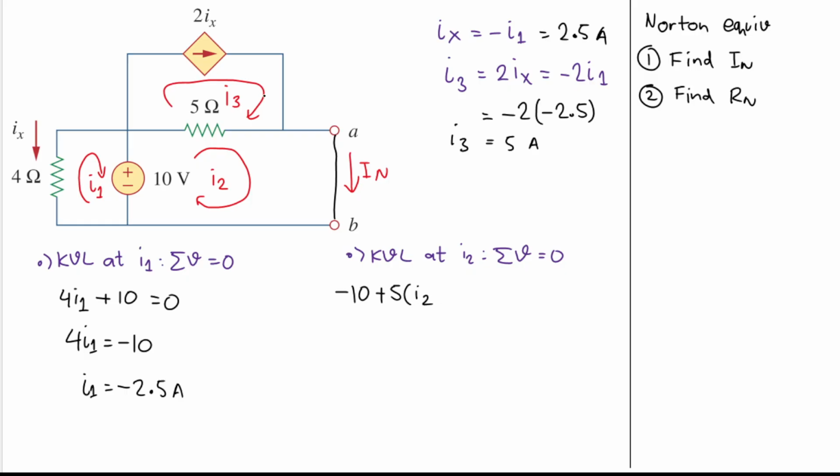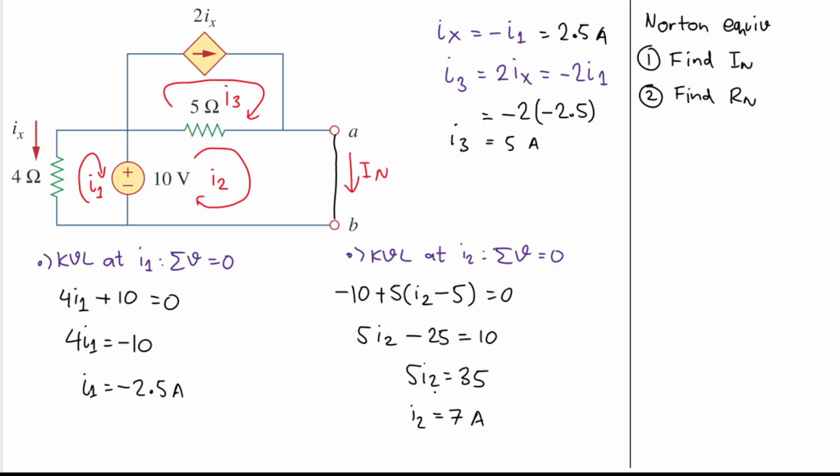However, I3 is flowing in the opposite direction, so I have minus I3, which is minus 5 ampere, and this equals 0. Doing some math, I will have 5I2 minus 25 equals 10, so 5I2 is equal to 35, and I2 is equal to 7 ampere.